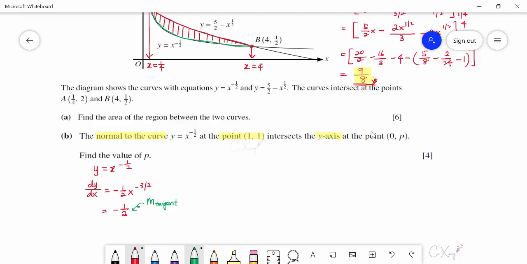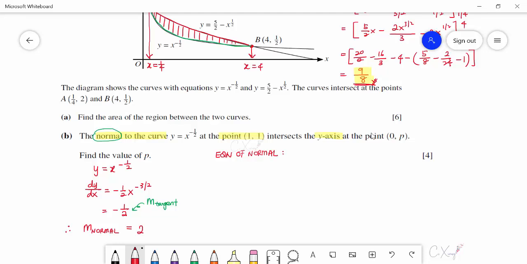Please take note that this negative half is actually the gradient of the tangent, and we are interested in the gradient of the normal. The gradient of the normal is perpendicular to the gradient of the tangent, so the gradient of the normal multiplied with the gradient of the tangent gives negative 1. From here, you will know that the gradient of the normal equals 2. Then we form the equation of the normal.